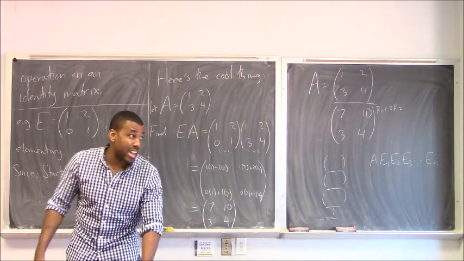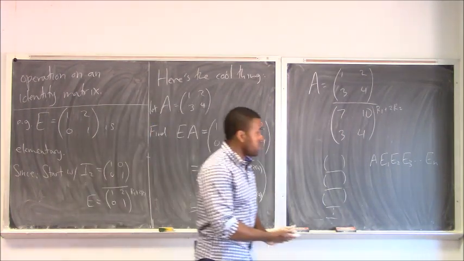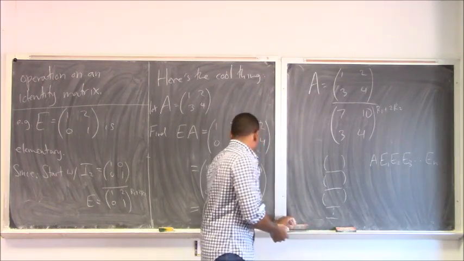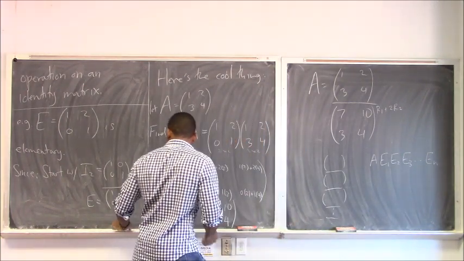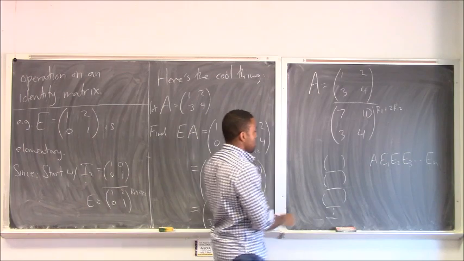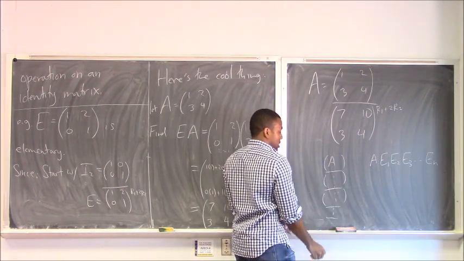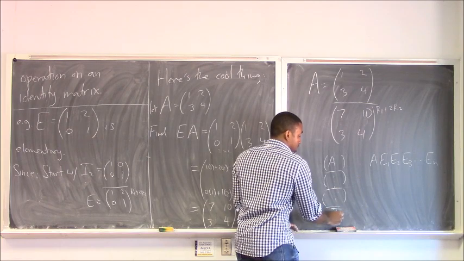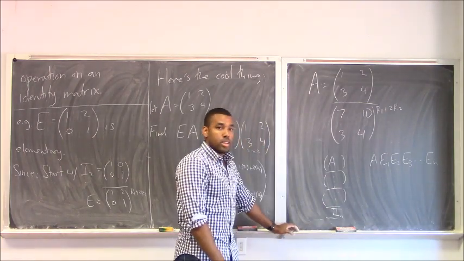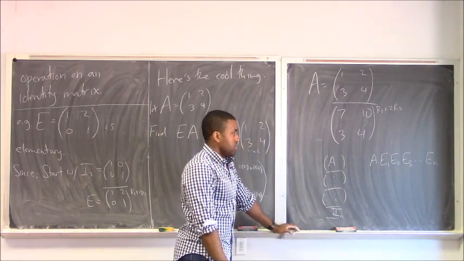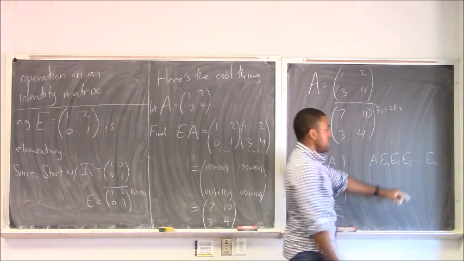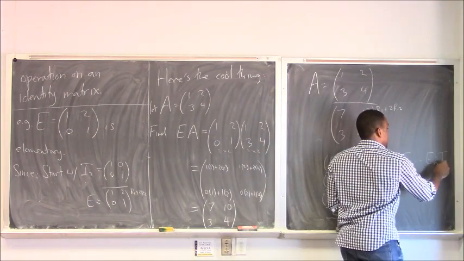And we're going to use that to figure out how to actually compute an inverse. Because ultimately, if I start with a matrix A and I do a bunch of row operations to create an identity matrix, what does that mean? Well, it means that A times a bunch of things ended up giving me the identity matrix.